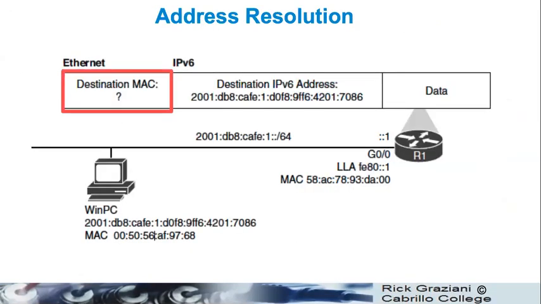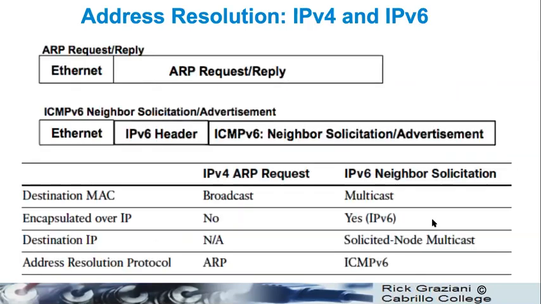So address resolution. I know the IPv6 address, but I need to know the MAC address. Let's take a look at how we do this. In IPv4, we use ARP, and in IPv6, we use ICMPv6 neighbor discovery.